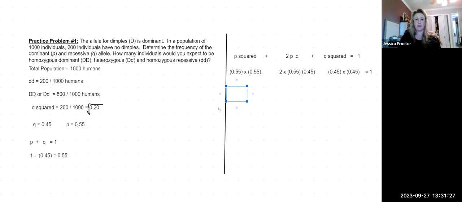Excellent, Carla. 0.30 is going to be our value for homozygous dominant. If we want it as a percentage, piece of cake, we just move our decimal 2 places, and that gives us 30%. So we know that 0.30 is the frequency, and 30% is the percentage.